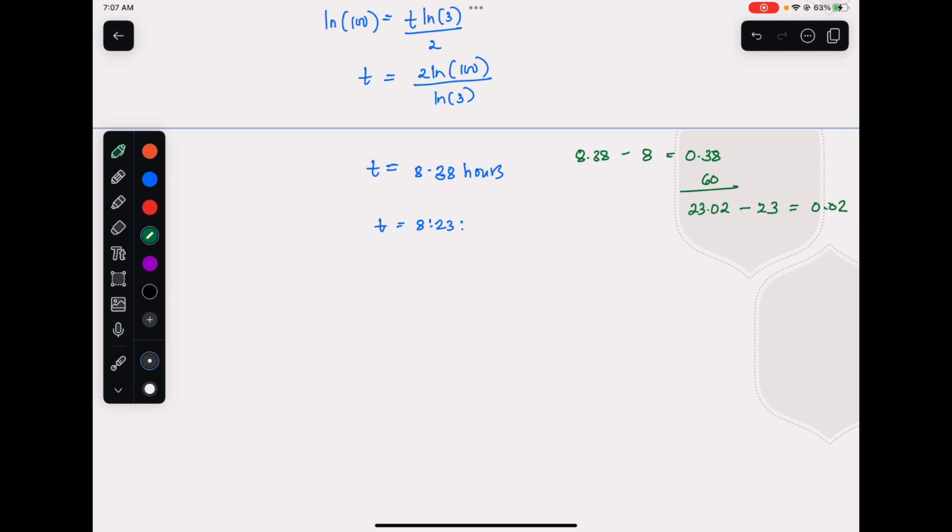But then 1 minute is equivalent to 60 seconds. So that's why we multiply it again by 60, thus giving us 1.01.